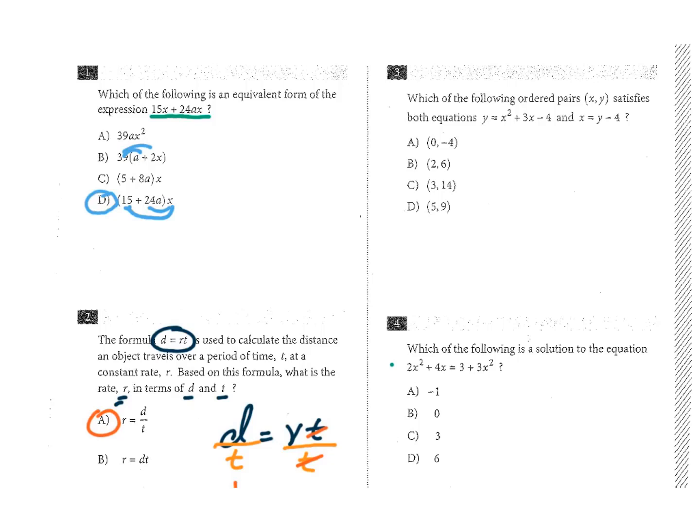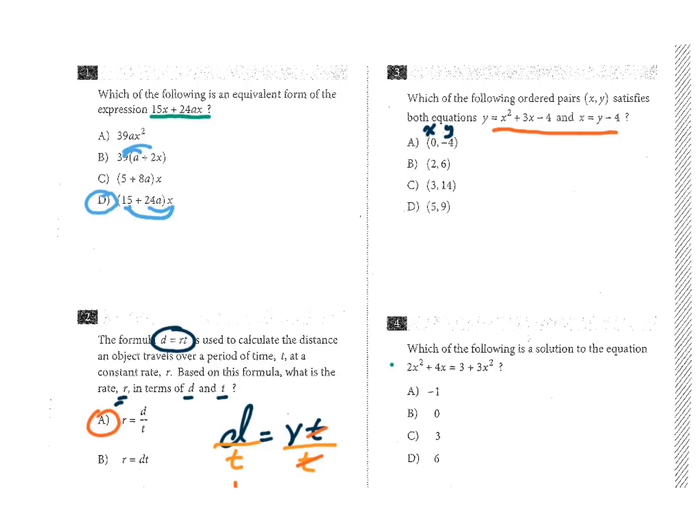For number 3, which of the following ordered pairs (x, y) satisfy both equations? For this kind of question, the best way is a plug-in game. So plug in x equals 0, y equals -4 into both equations to check whether it's true or false.